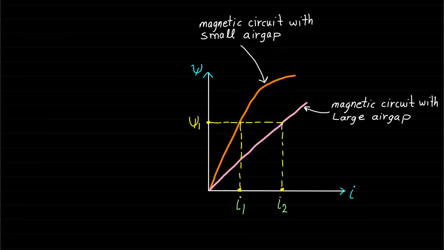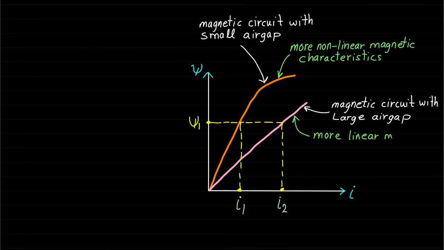The second point to notice is that the magnetic circuit with a small air gap will have more nonlinear characteristics because it reaches saturation easily, while the magnetic circuit with a large air gap will have more linear characteristics because it is hard to saturate.